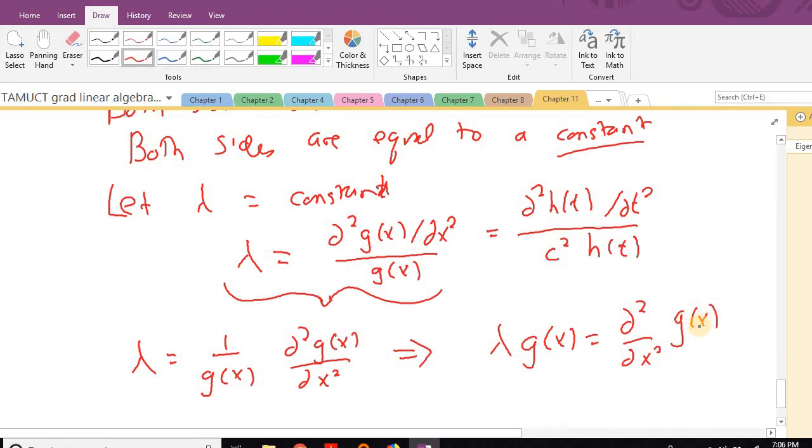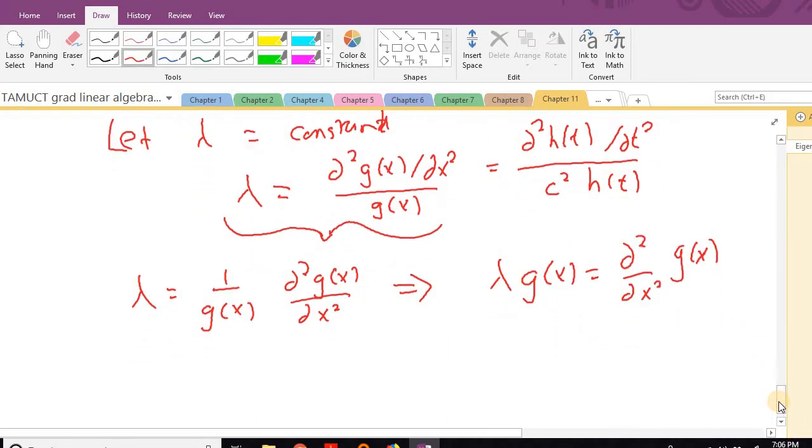Okay. Now, do you see why I went through this whole rigmarole now? What I have here, this lambda, is a constant. Now this d squared dx squared is another linear operator. Linear map or linear operator.